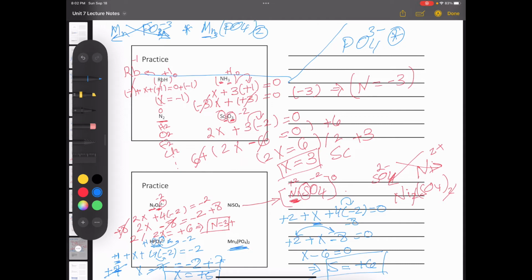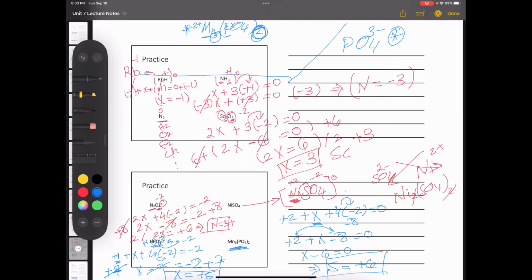Okay, so the 2 that we see here is from the oxidation number for the manganese. And the 3 we see here is from the total charge of the phosphate polyatomic ion. Okay, so the oxidation number for the manganese is 2 positive.